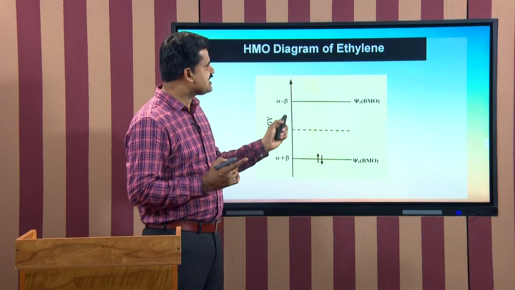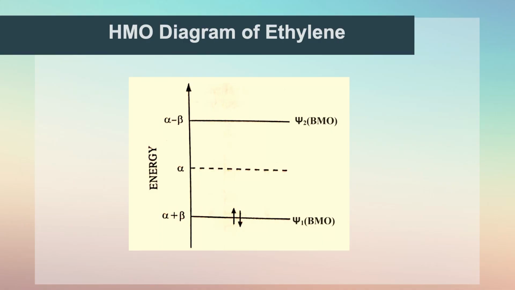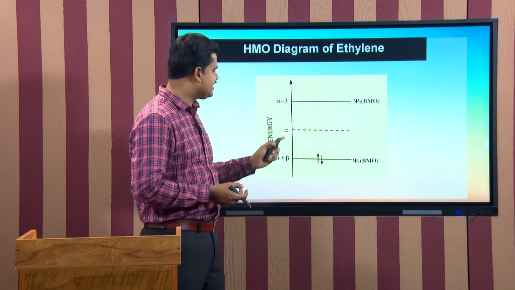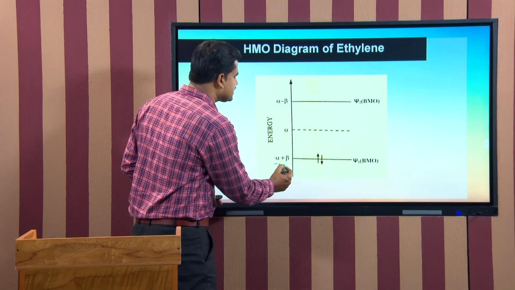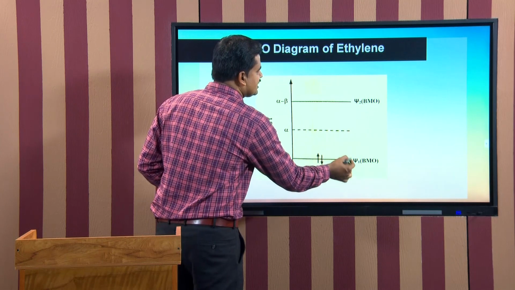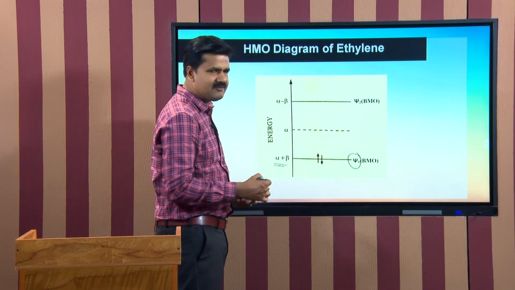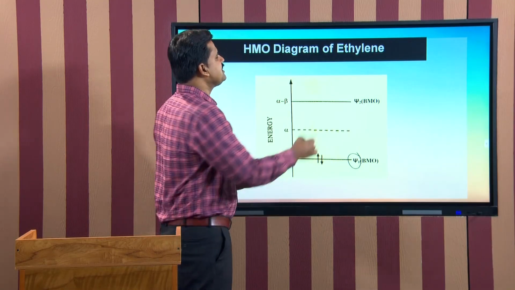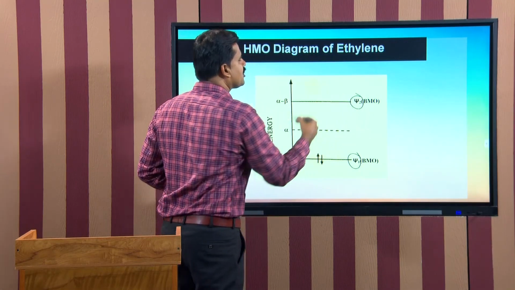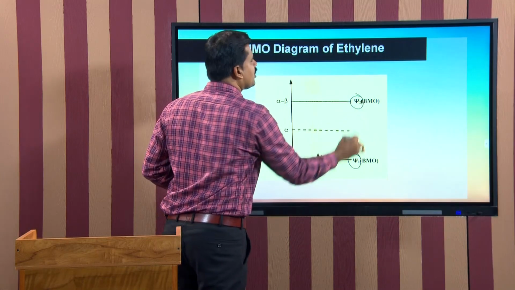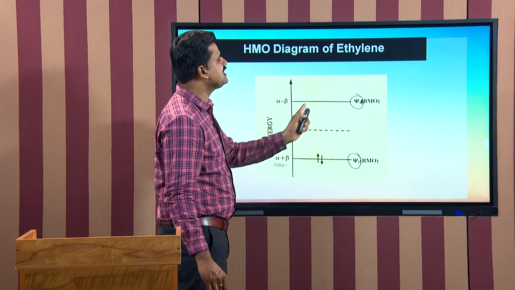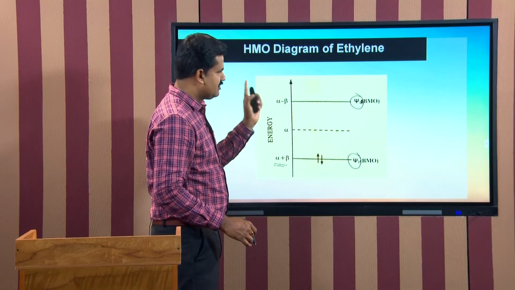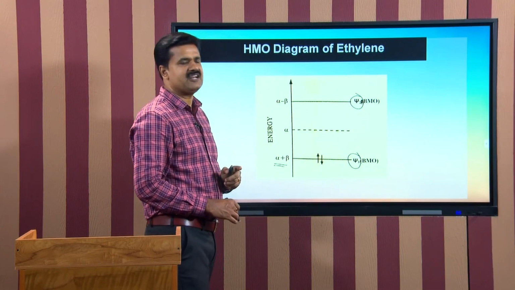Now this is the energy level diagram. After obtaining the energy levels of the ethylene molecule, we can now plot this energy level diagram, and here we can see that alpha plus beta corresponds to the first Huckel molecular orbital psi 1, which is the bonding molecular orbital, and alpha minus beta corresponds to the second Huckel molecular orbital, which is the anti-bonding molecular orbital psi 2.